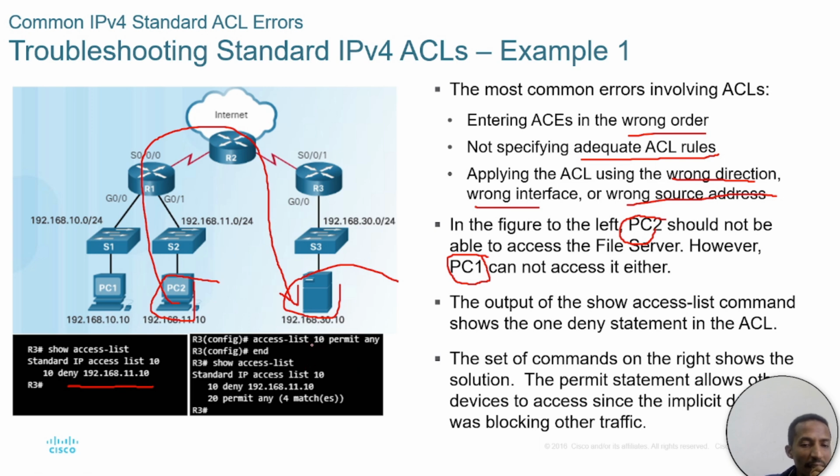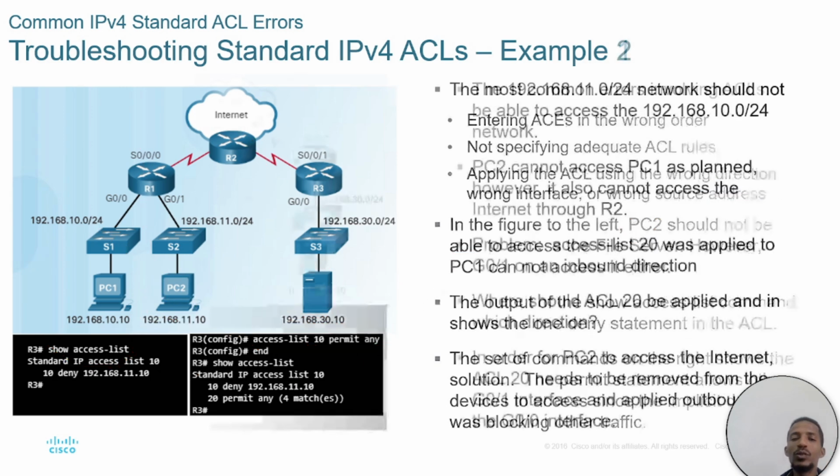You need to have this permit any statement. If you don't specify permit any, it always denies every user. So you should be careful. This statement should have been included here. That's why we have this kind of problem. In order for this PC to have access to this resource, you should specifically specify the permit any statement so that other users will be able to use it.